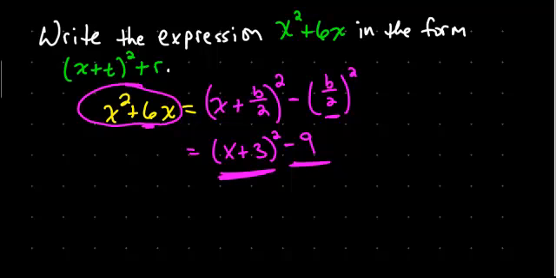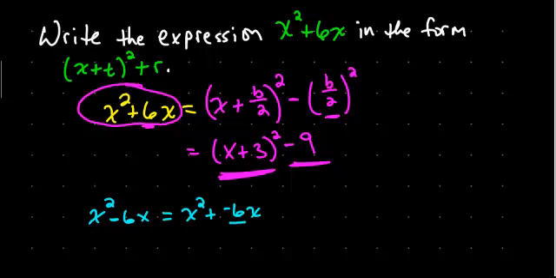Let's do x squared minus 6x. Again, what's b going to be here? You have to think of this as x squared plus a negative 6x.